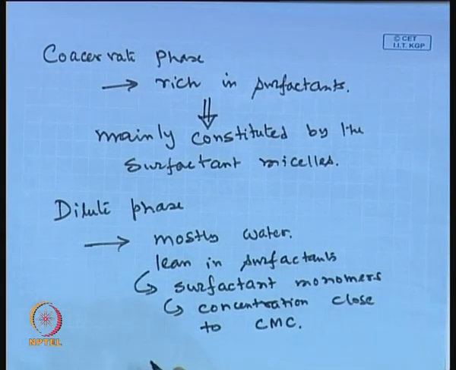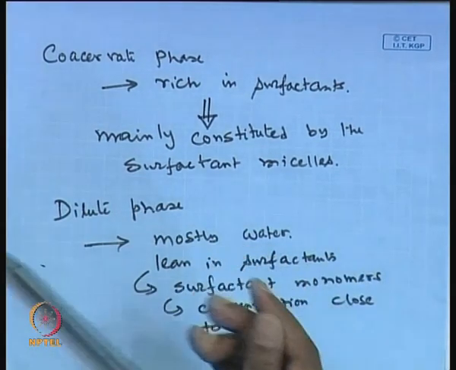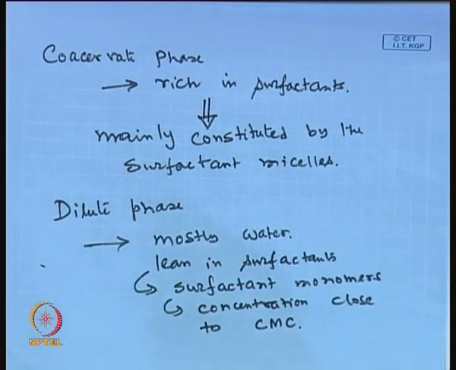Okay. So basically they will have separate surfactant monomers, and their concentration will be near the critical micellar concentration. And in the coacervate, all the surfactant micelles will be agglomerated, and they will form a separate dense phase. So, if you have a phase separator funnel, the lower phase will be the coacervate phase and the top phase will be the dilute aqueous phase.